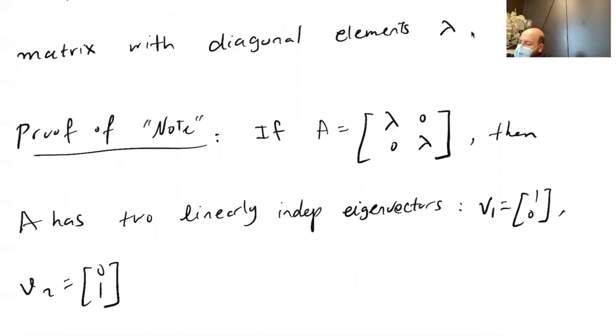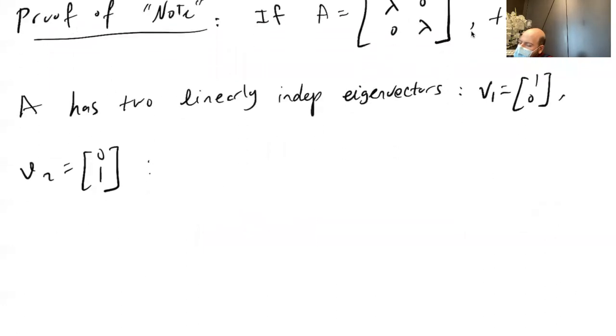And these two vectors are eigenvectors for A. Why are they eigenvectors for A? How can I check that some vector is an eigenvector for some matrix? I need to calculate A times that vector, and if I get a constant times the same vector, then that means it's an eigenvector.